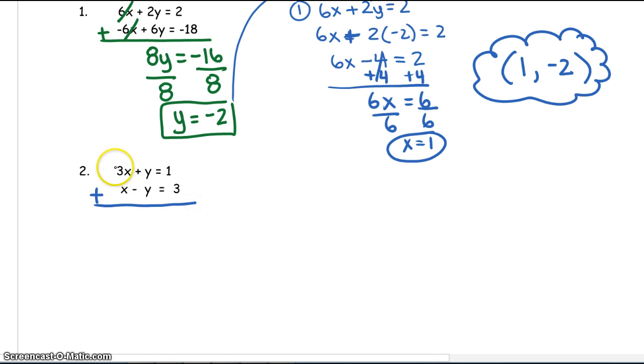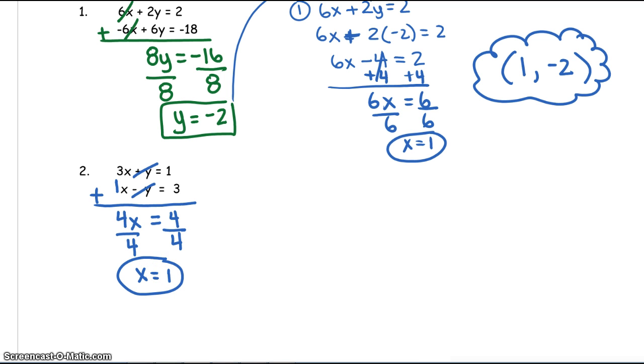So when I add these, I get 3x plus 1x is 4x. Positive y and negative y cancel each other out, equals 1 plus 3 is 4. Divide by 4 on both sides, and x equals 1. So now we have one of our variables already solved for. Then we go into one of our equations, and I'm going to just go ahead with the first one. It's 3x plus y equals 1.